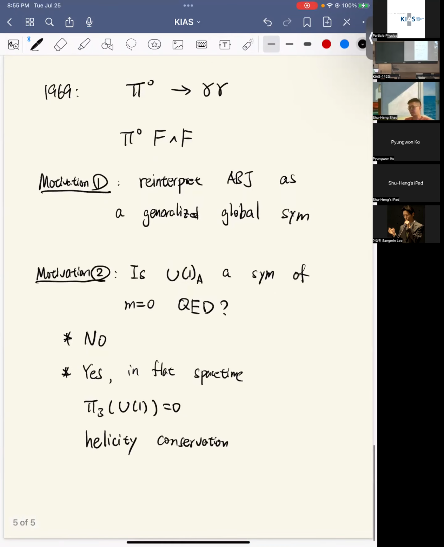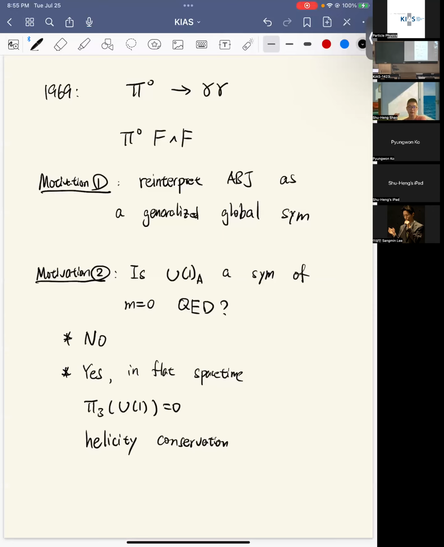At this point, you might take the perspective that, okay, so there is a symmetry in flat space-time. That's all we care about. Our real world looks very much like a flat Euclidean space-time. So why bother with all this non-invertible symmetry or generalized global symmetry? That's a perfectly valid point of view until you want to talk about monopoles.